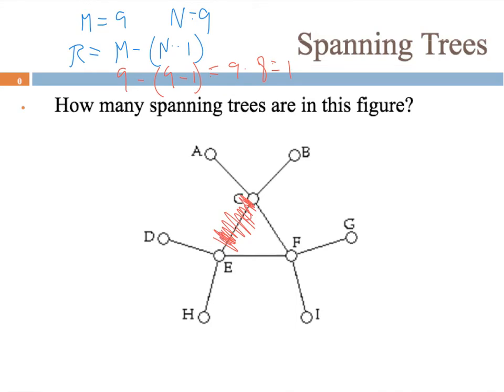We don't have any more circuits left. Or if we were to take away CF, our network would now be a tree. Or if we were to take away EF, we would now have a tree. There are no circuits left. So our answer to this question is 3 spanning trees.